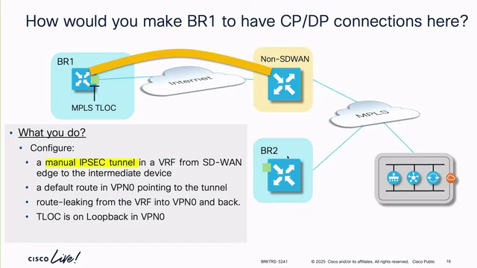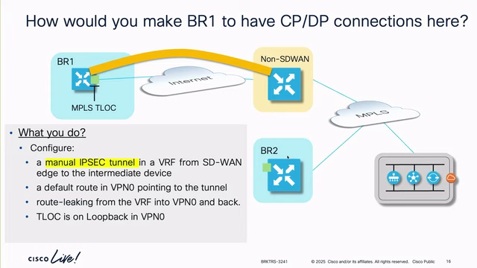Technically, you can configure it. And the customer configured a manual tunnel in a dedicated VRF, not VPN 0, not a server-side VRF, but a different one, and did some crazy magic with route leaking to make it work, to establish the tunnel.